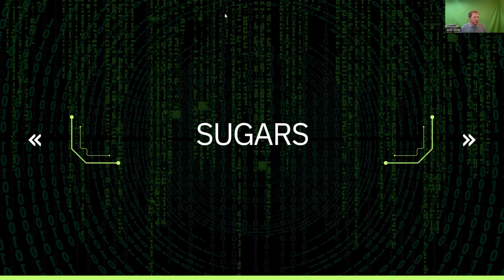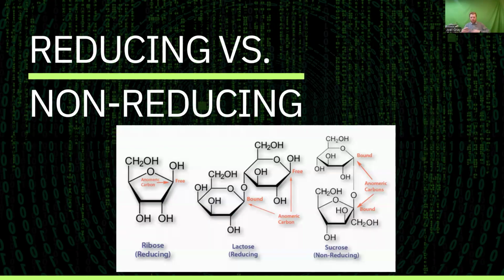I apologize. Okay, so here we are talking about sugars. When we talk about sugars, we've got two major classes. We've already gone through these a little bit: reducing and non-reducing sugars. If you look at these, we've got a free anomeric carbon on ribose, making it a reducing sugar. This right here would be a bound anomeric carbon.